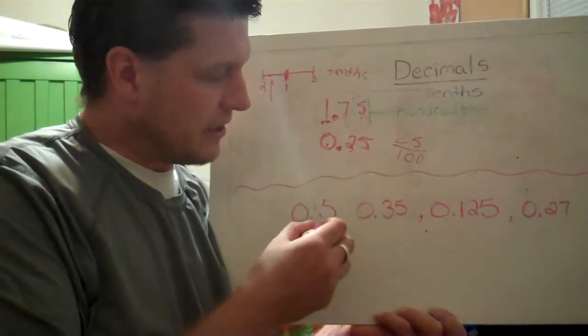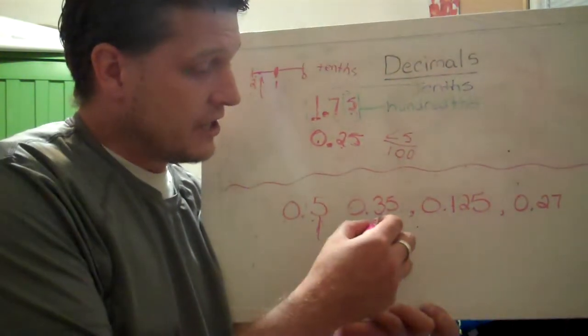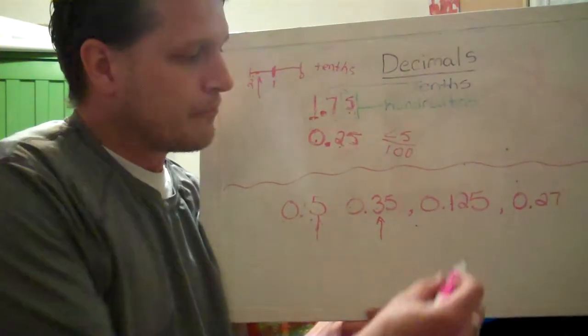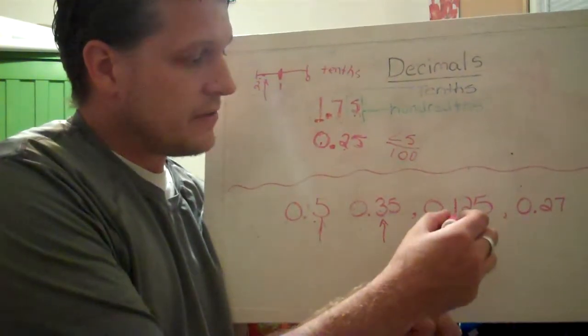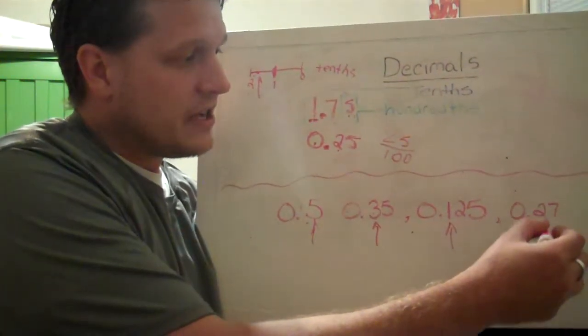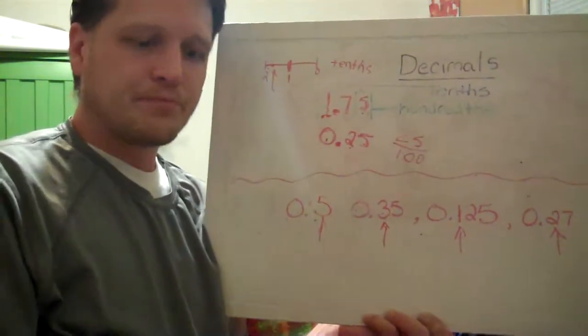Now in the tenths place here, we have a 5. Here we have a 3. Here we have a 1. And here we have a 2.